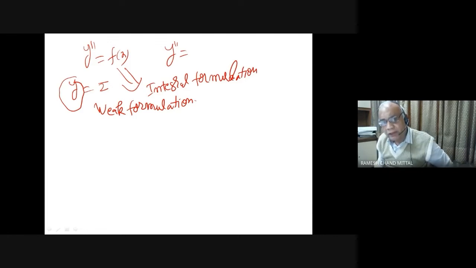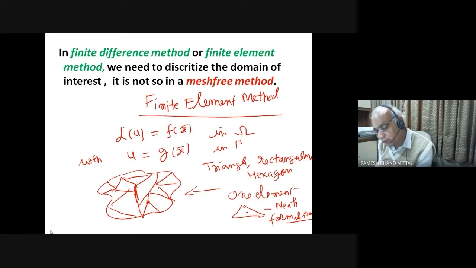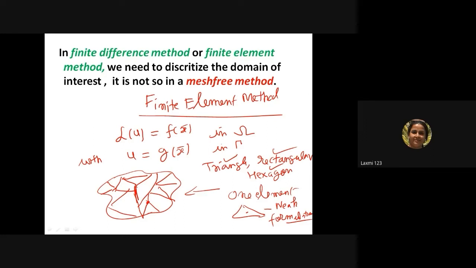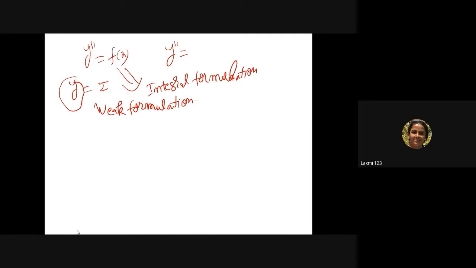Okay. So fine. What I mean to say is, I come back to this. You have a differential equation. I divide the domain into small elements, which typically could be, in 2D, a triangle or rectangle or hexagon, nothing else. Sir, my question is whether it is a single kind of arrangement, or it can be a mix of triangular, rectangular, or hexagonal.